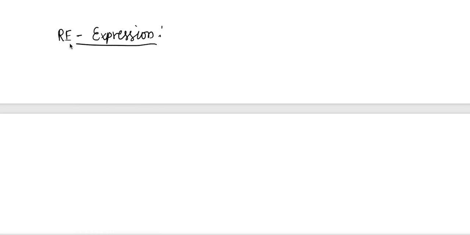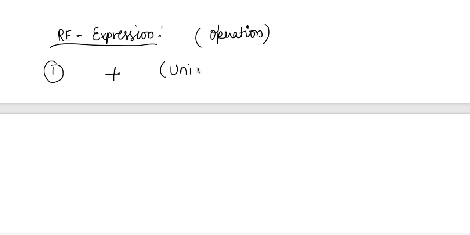Let's study. Okay, so we have basically three operations in our regular expression. Okay, what are those? First one is the union, that will also be denoted by plus sign. Okay, second one is concatenation, and we represent it by the help of dot.